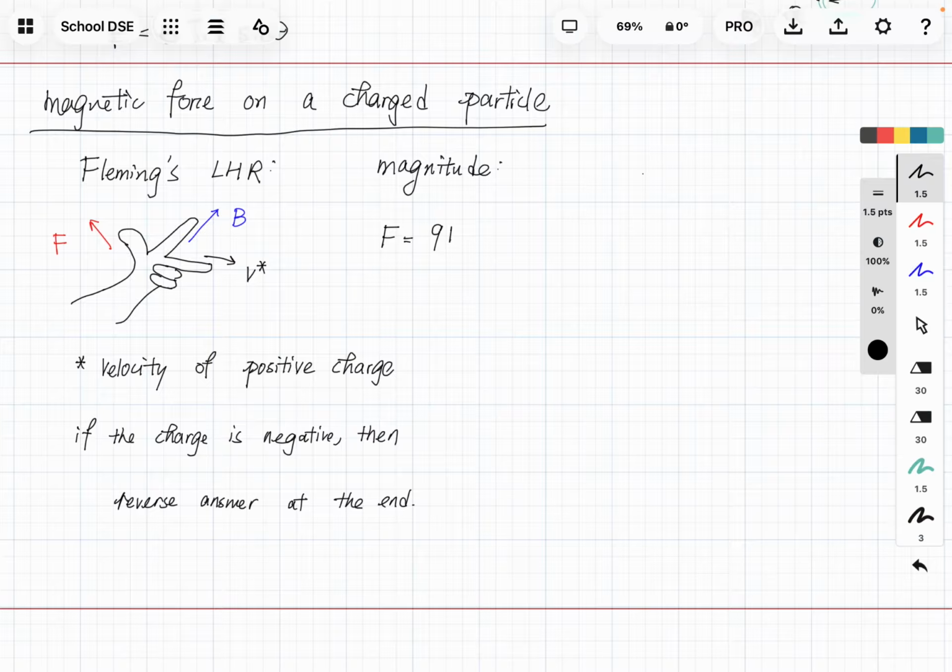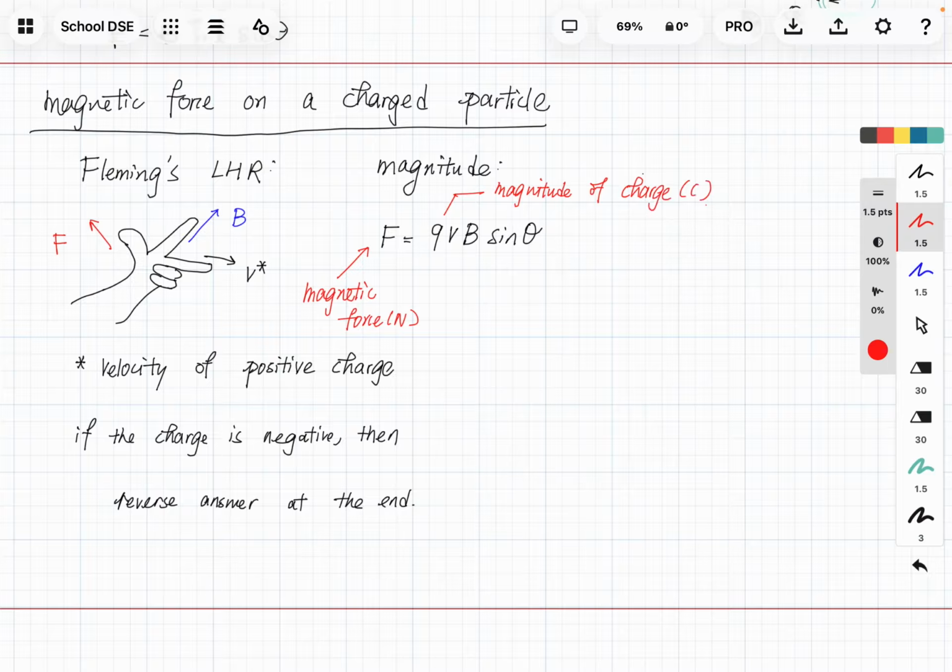If you are moving along the direction of the magnetic field lines, then the sine theta in this equation turns off the magnetic force. Here, because sine 0 equals 0, the same thing here, sine 0 equals 0.